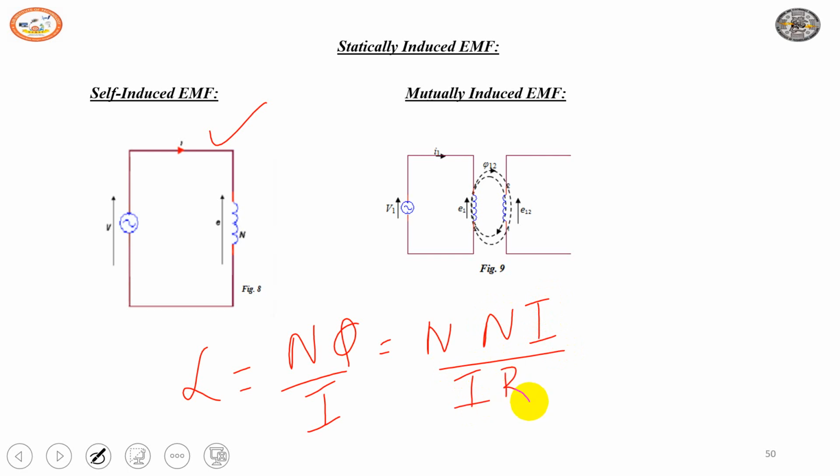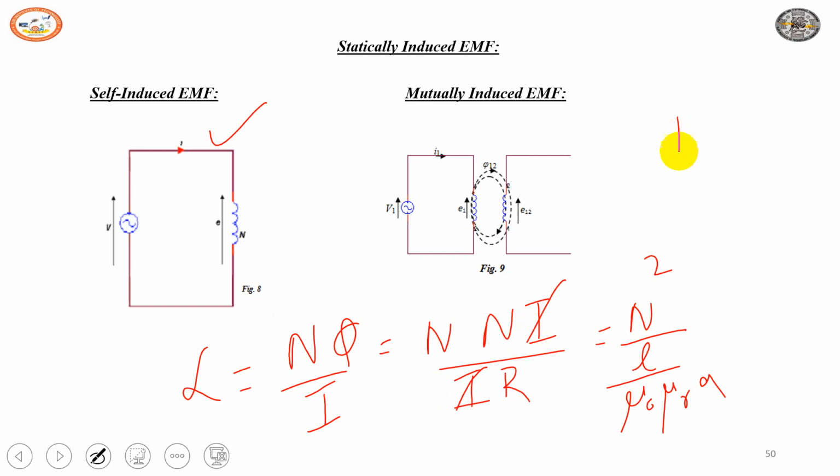So this can be written as N squared by R, where R can be written as l by mu naught mu R into A. Here the I gets cancelled.